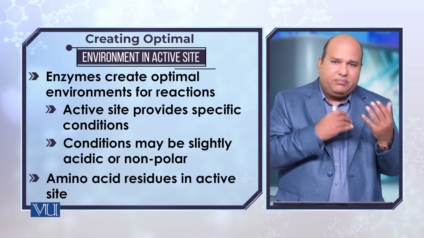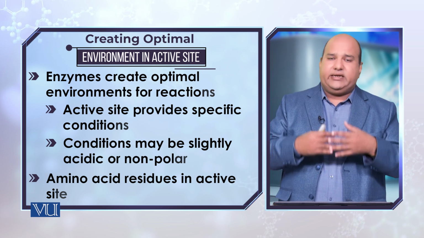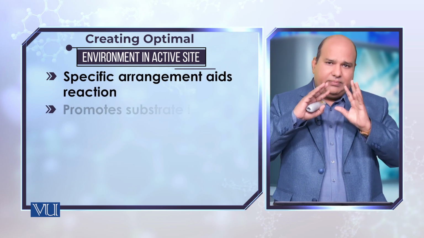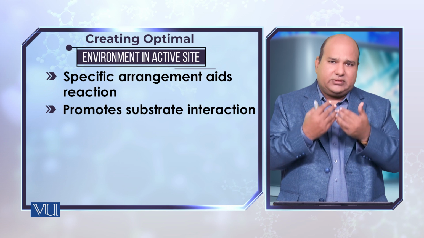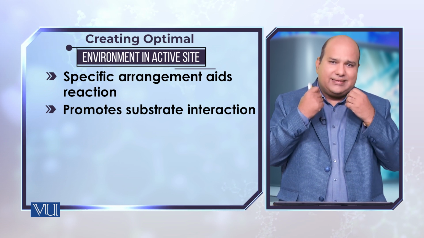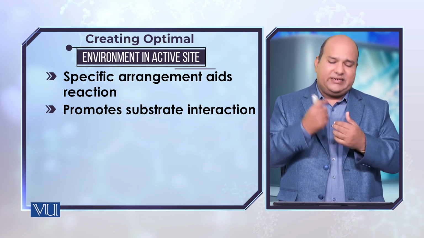The active site can be polar or non-polar, the substrate can be polar or non-polar, it can be hydrophobic, and so on. So facilitating the reaction by providing the most suitable environment is also a very important aspect of the enzyme substrate reaction.